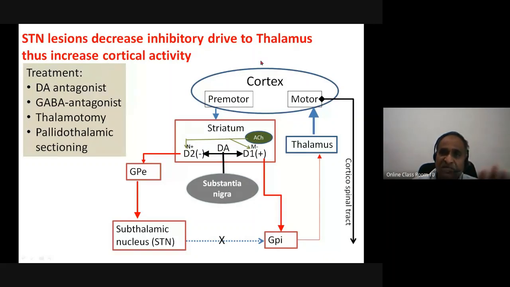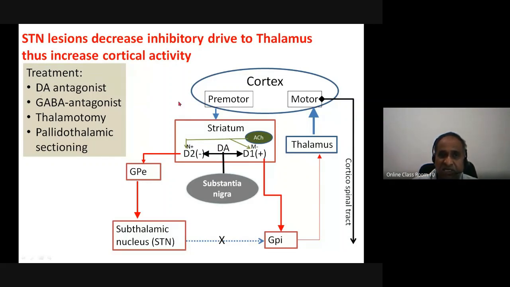Now, what shall be the treatment? I'm just trying to bring you in. So try to give him dopamine antagonists, so that you diminish this activity. Or you diminish this activity by the GABAergic tract, because this is GABA here. You reduce the GABA there. But what happens if you give a GABA antagonist? It will also block here. So the thalamus becomes uninhibited.